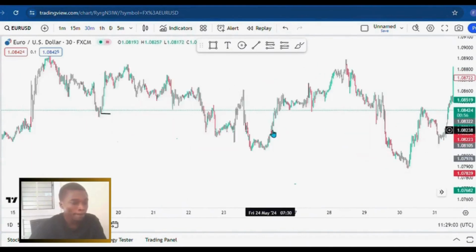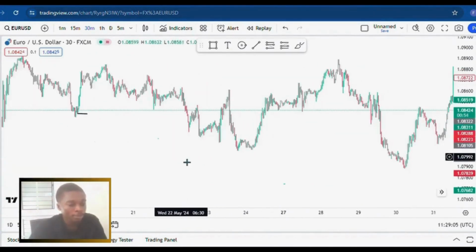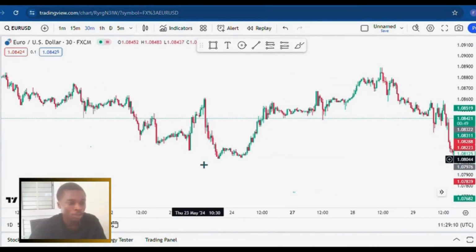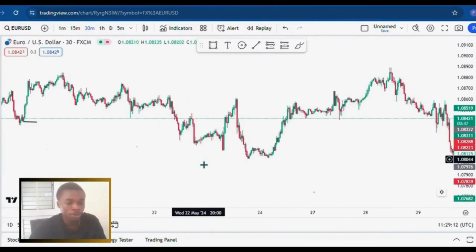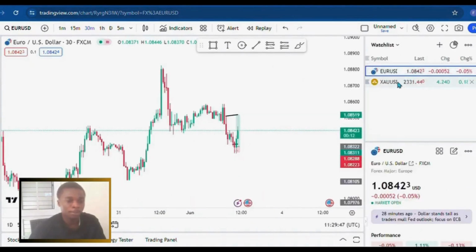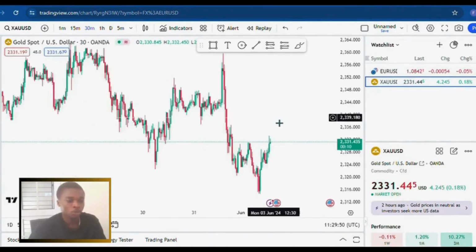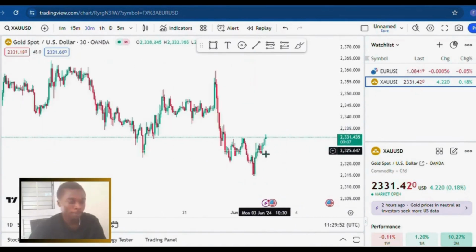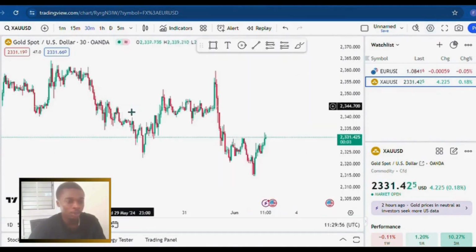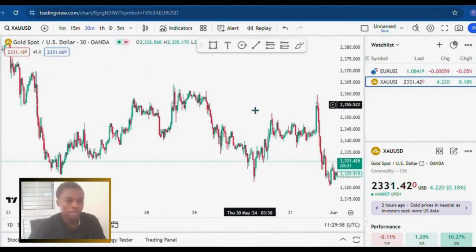As you can see, this is a 30 minutes time frame. You could just, let's say you just spotted an entry, or let me head over to the gold pair right here. Now switching over to the gold pair, and I'm making use of the 30 minutes time frame because we are now on a day trader style of trading.